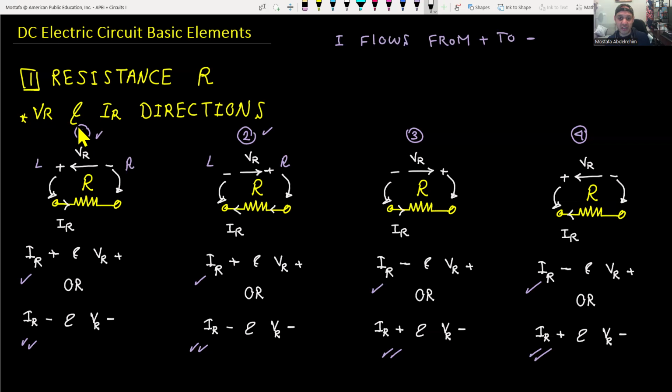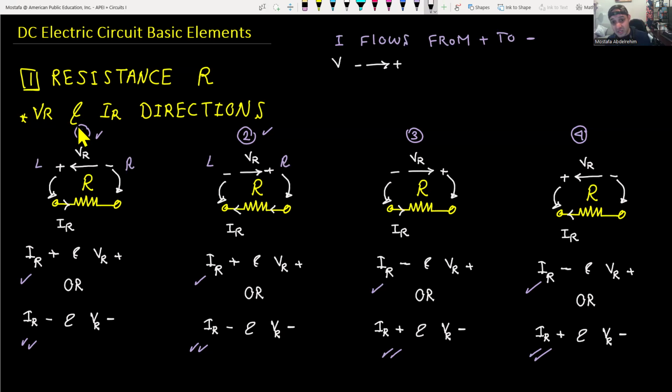Before we go to the next basic element, which is the voltage source, just one note on the voltage. The voltage direction is basically from negative to positive. So the head of the arrow is the positive, the tail of the arrow is the negative. Okay?